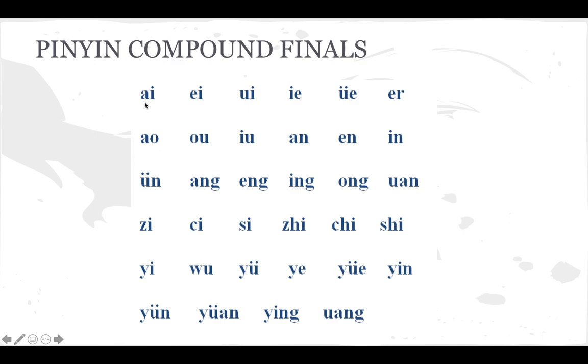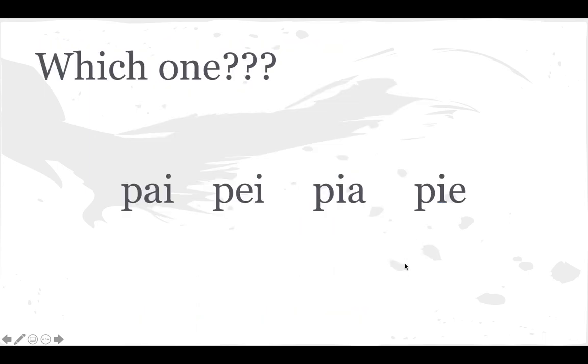For example, A plus I should be read as ai. E plus I should be ei. For example, if we have something similar in Pinyin, we're going to find, for example, pie or pai. Yes, they could be, but pia and pie, sorry, we don't have those two in the Chinese language.